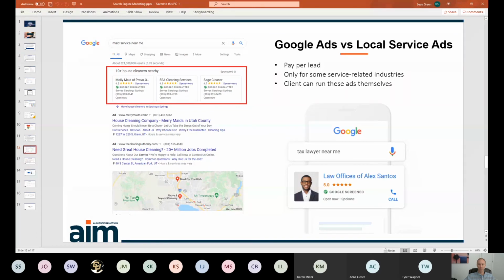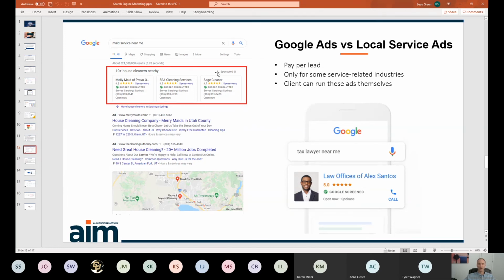It's very easy. Google just pulls in the business information, and the client tells Google how many leads a week they want. And then if someone calls from these ads, it'll count as a lead. They're more towards people that are price shopping compared to people that are looking for a long-term company to fulfill their needs. So you can keep that in mind.